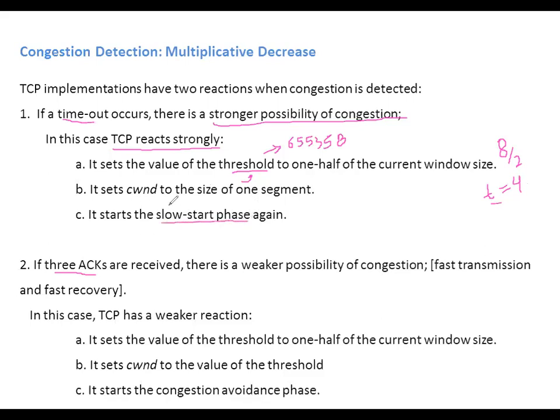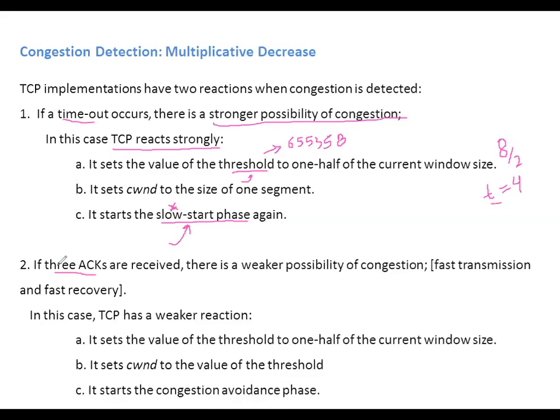Okay, this is important, that when congestion is detected because of timeout, the sender in the next iteration will be starting from the slow start phase, and its threshold will be equal to 1/2 of the current window size. Now, there can be a situation wherein the sender has transmitted a set of segments for which it is receiving 3 duplicate acknowledgements.